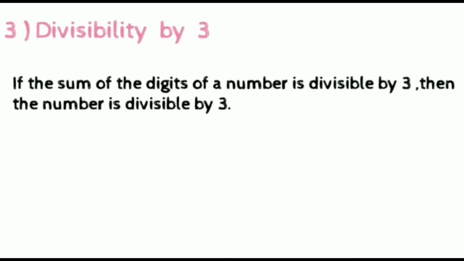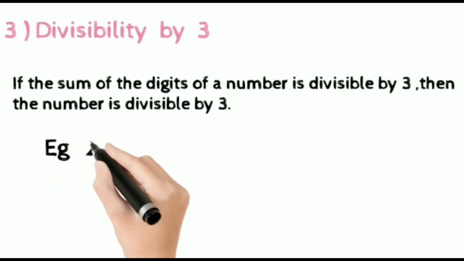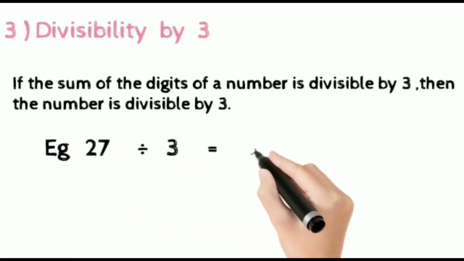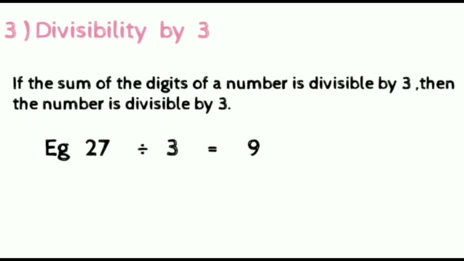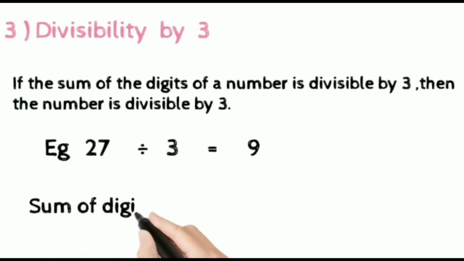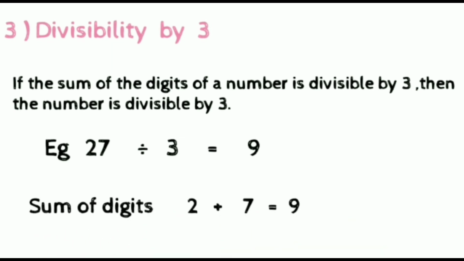I am giving small examples now. Example, 27 divided by 3. You know that the answer is 9. But the digits are 2 plus 7 equals 9. 9 can easily be divided by 3. So this number is divisible by 3.